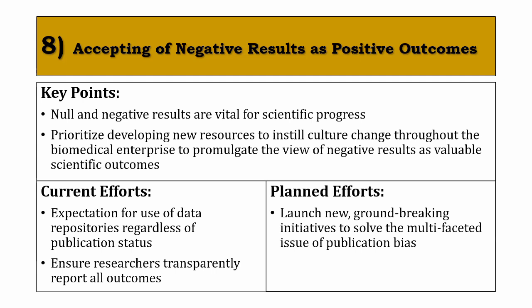And a planned effort they have is to launch new groundbreaking initiatives to solve this multifaceted issue of publication bias. Publication bias being the preferential dissemination of statistically significant or otherwise exciting studies, especially in published journals.